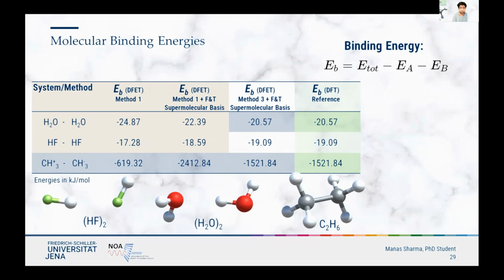However, then if you consider the strongly interacting system like the ethane molecule, where I have partitioned it at the carbon-carbon covalent bond, then you see tremendous errors with method 1 with or without freeze and thaw anyway. And then with method 3, after employing the freeze and thaw, because to get the self-consistent subsystem densities and also supermolecular bases, as I said, it is necessary for method 3, you pretty much get exact results whether the system is weakly interacting or strongly interacting.